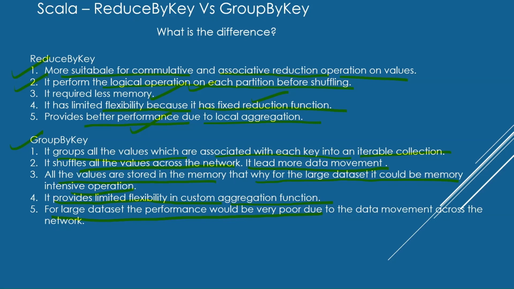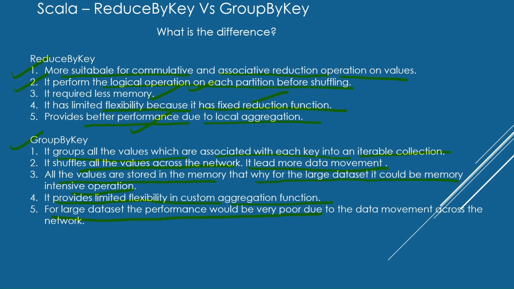So in this video, we have discussed the difference between reduceByKey and groupByKey. We have seen the advantages and disadvantages of both. We have also seen how reduceByKey and groupByKey function with the help of a pictorial representation.